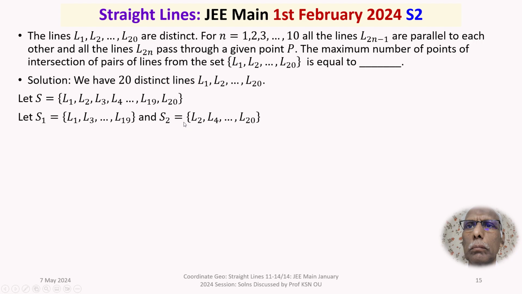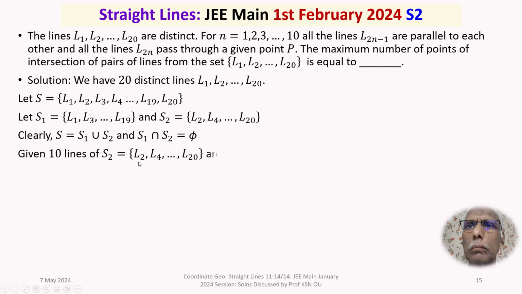S2 is the set of even indexed lines L2, L4, ..., L20. Clearly, S is the union of these two sets and there is nothing common between S1 and S2. Given the 10 lines of S2, L2, L4, ..., L20 are concurrent at a point P.